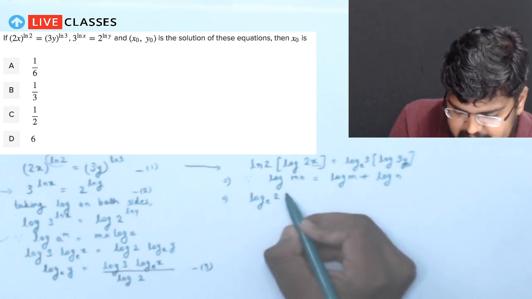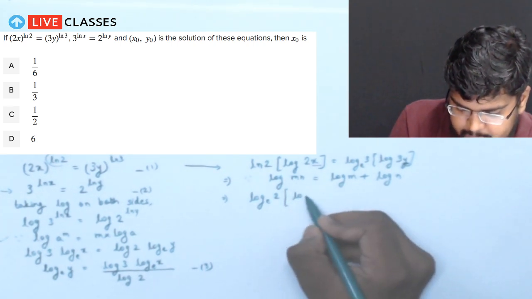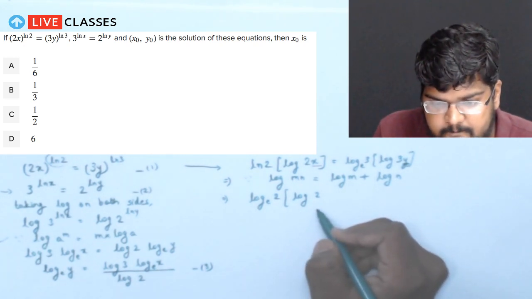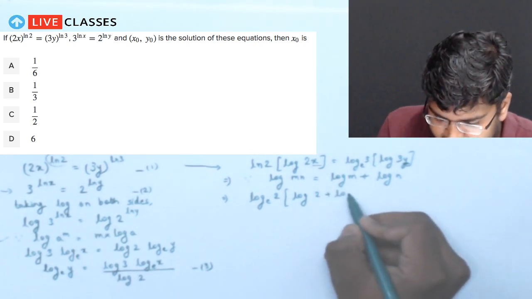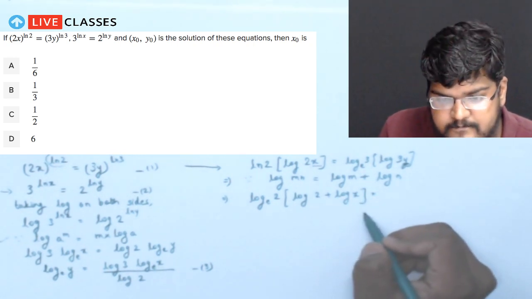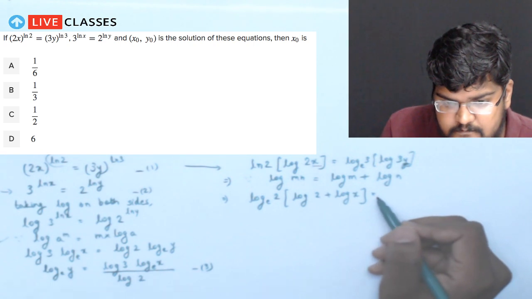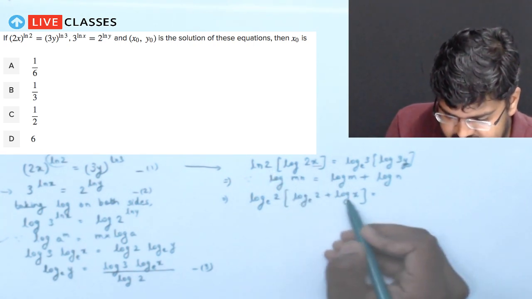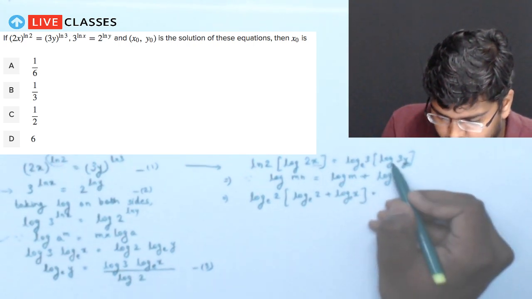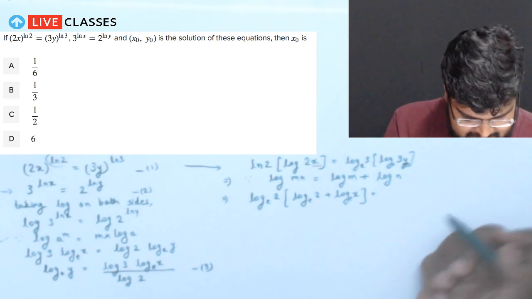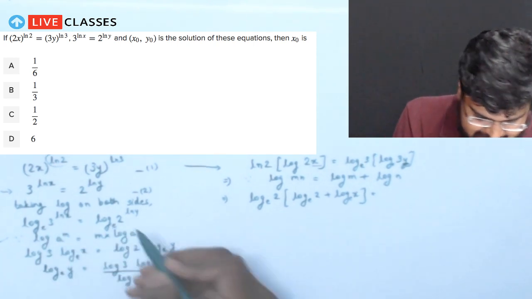So this is going to give us log 2 with base e times log 2 plus log x is equal to, well, over here you can see that all values are with base e only, so I'm just going to write base e in almost all of them. I'm taking log also on both sides with base e, which is why I have to write e here as well.